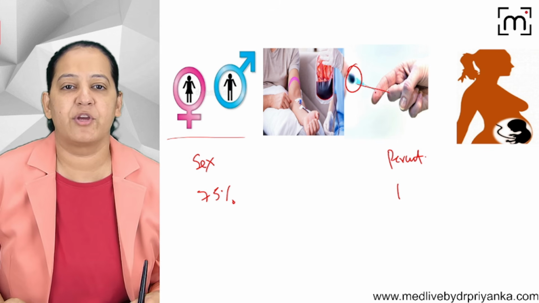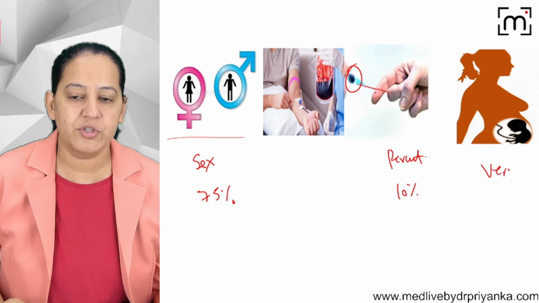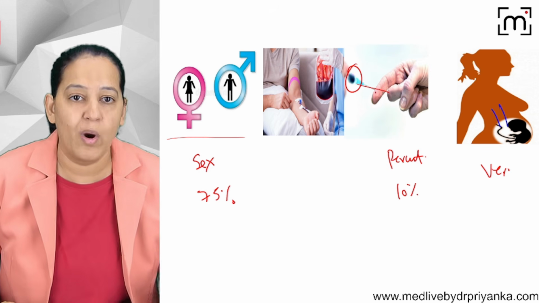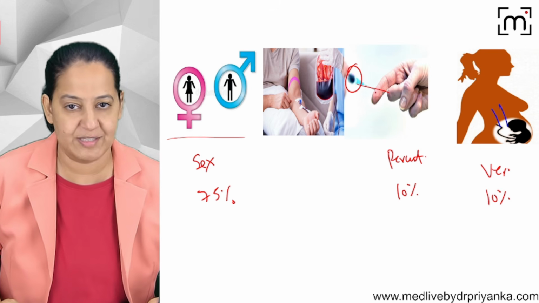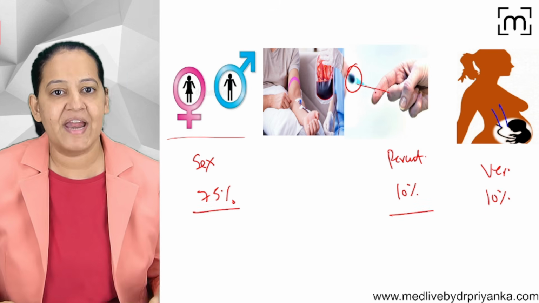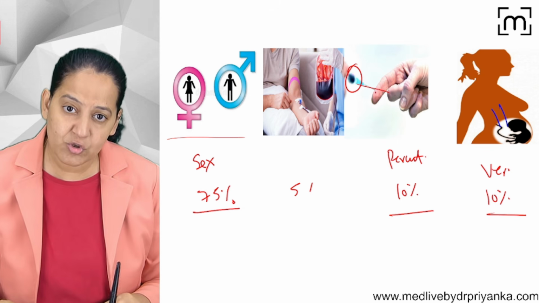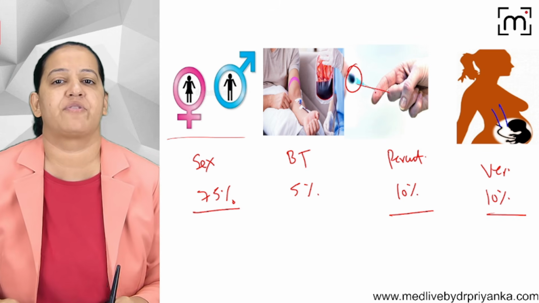Vertical is from a positive mother to the fetus via placenta, transplacental, and it also accounts for 10% of total HIV transmission. So 75 plus 10 plus 10, that is 95%. The least common route, accounting for 5% of transmission, is blood transfusion.